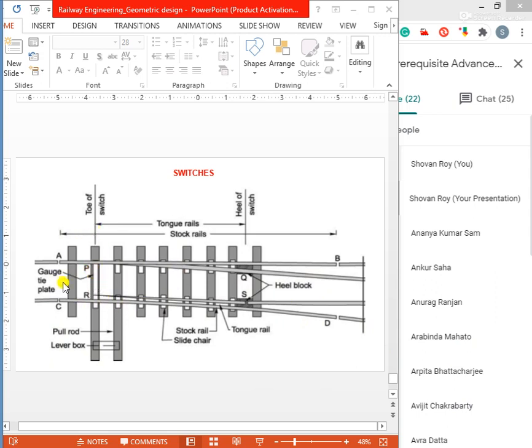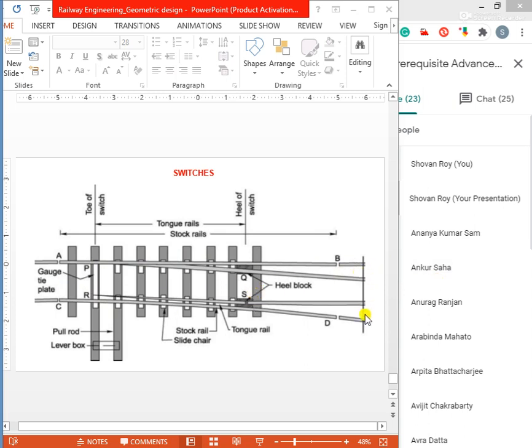You can see this PR plate or gauge tie plate is attached with the stock rail AB. That means any train from the branch line can converge with the main line. And if we want to go straight from this trailing direction, then this PR gauge tie plate should come in the lower direction, as in this figure. That's why the train can easily go through the main line.